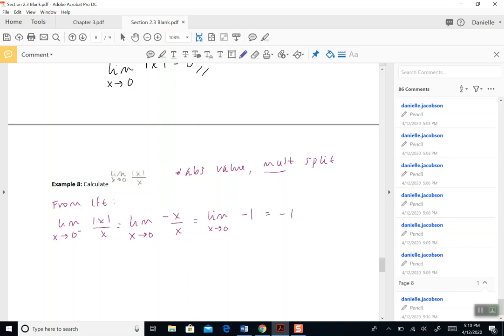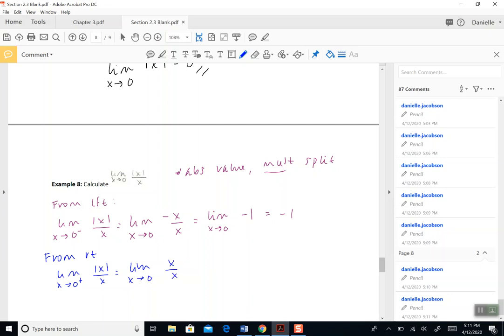All right, let's see what happens on the right-hand side of this. So from the right, we have the limit as x goes to 0 from the right of the absolute value of x over x, which is equivalent to the limit as x goes to 0 of x over x.